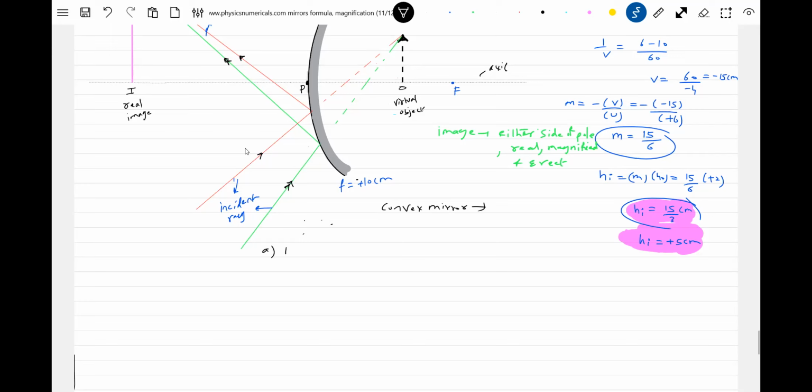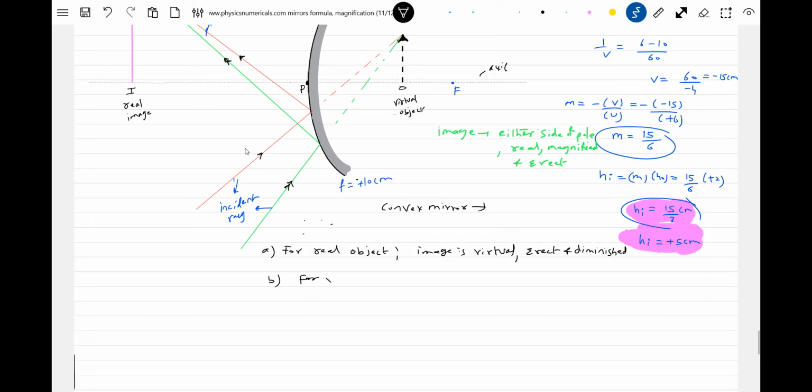I will solve from here. For a real object, the image is virtual, erect, and diminished.